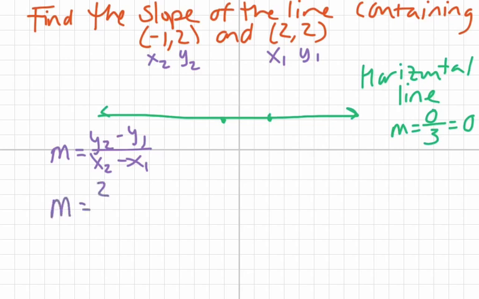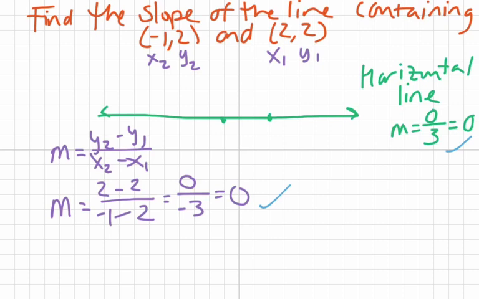So y2 is 2, y1 is 2, x2 is negative 1, minus x1, which is 2, and 2 minus 2 is 0, negative 1 minus 2 is negative 3, and 0 divided by negative 3 is 0, and so we notice that they match.